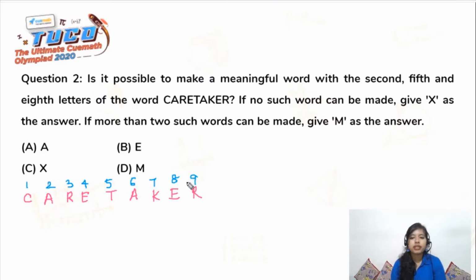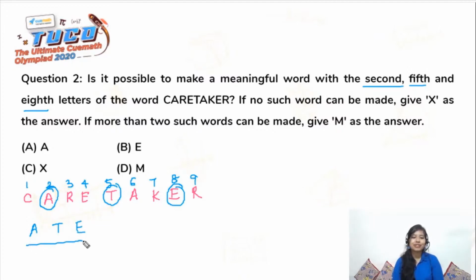So from here, you will have to do the same thing. If you can frame any word using the respective letters which are given here, second, fifth and eighth. Okay. So we know that second is this, fifth is this and eighth is this, right? So we can write it down A-T-E. We already figured out a word, right? A-T-E, which is ate.